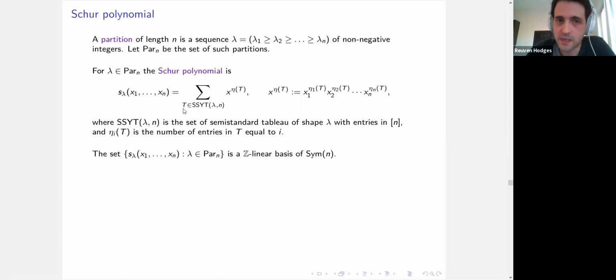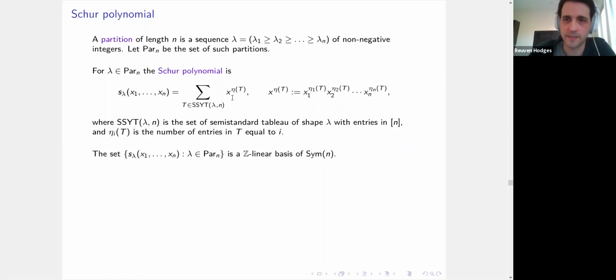It is a summation over all semi-standard tableaux of shape lambda with entries in 1 through n. For each such tableau, you get a monomial, raised to the power equal to the content of that tableau.